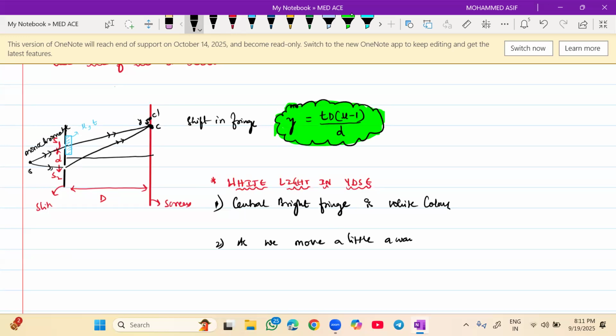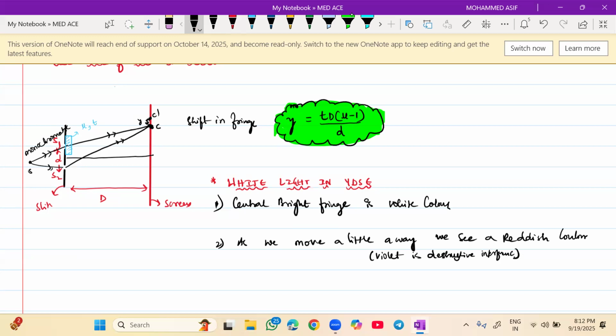Violet will be destructive interference. If you see the violet color, violet is your destructive interference. This point you need to remember.